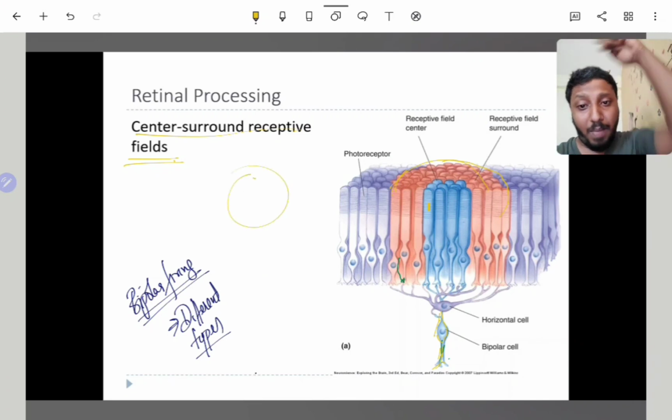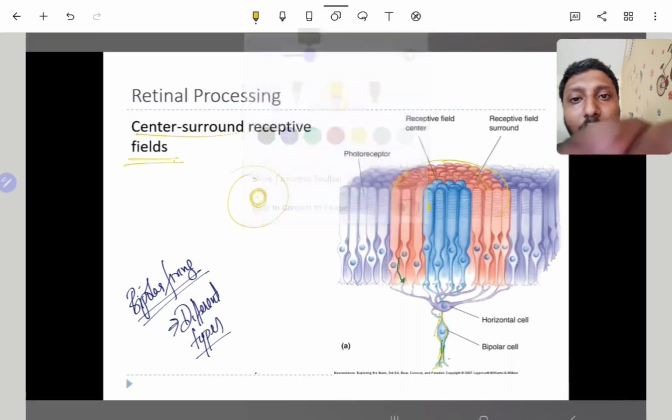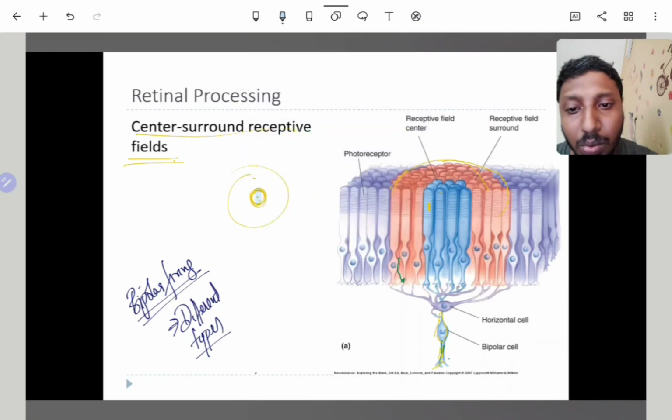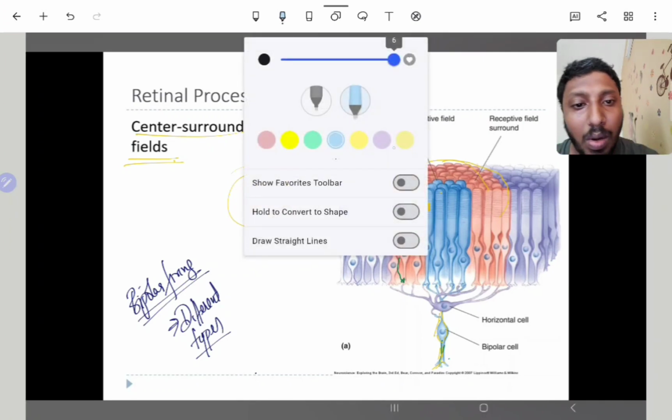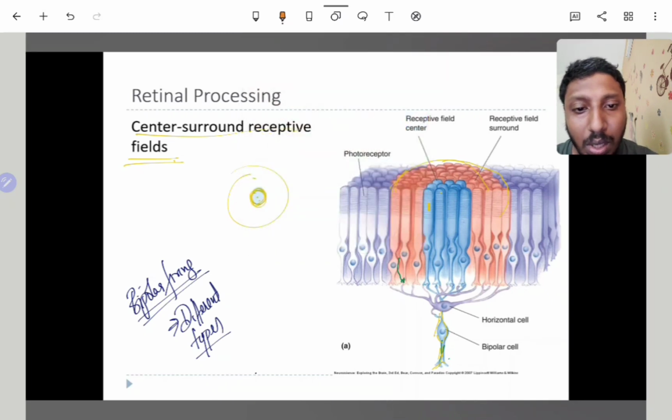If you look from above, it will look something like this. Just imagine that. I'll use blue, and then orange at the periphery. So this is what is really happening here.